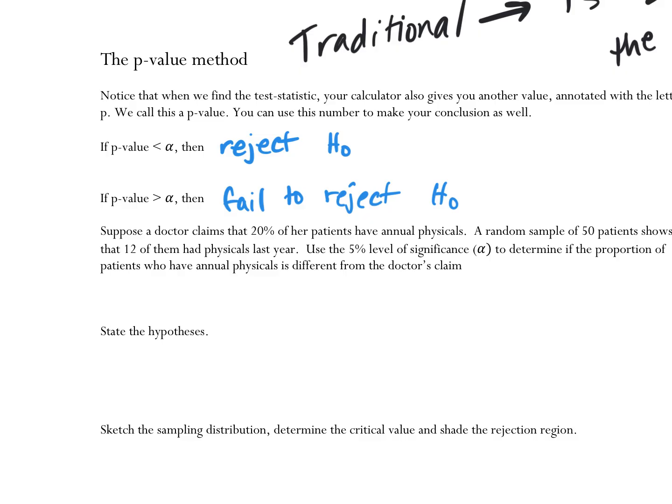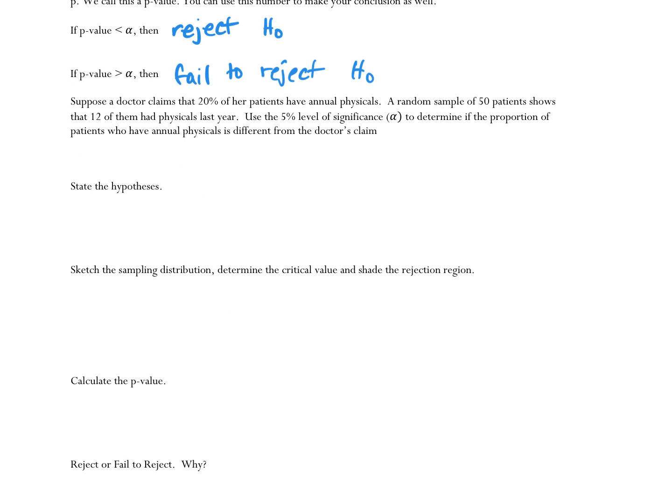So let's look at an example. Suppose that a doctor claims that 20% of her patients have annual physicals. A random sample of 50 shows that 12 had physicals.